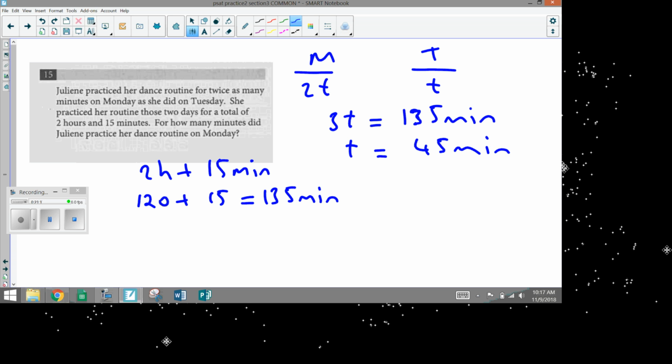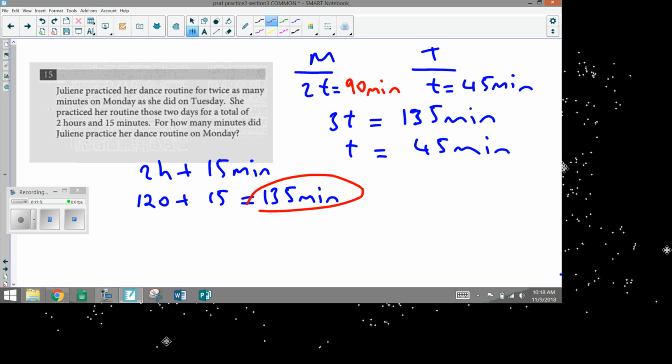No. She works 45 minutes on Tuesdays, and she works 90 minutes on Mondays. Double check. In total, how many minutes did Julian practice her dance routine on Monday? 90 minutes plus 45 minutes satisfies here. Total 135 minutes, because she practiced her routine those 2 days for a total of 135 minutes.